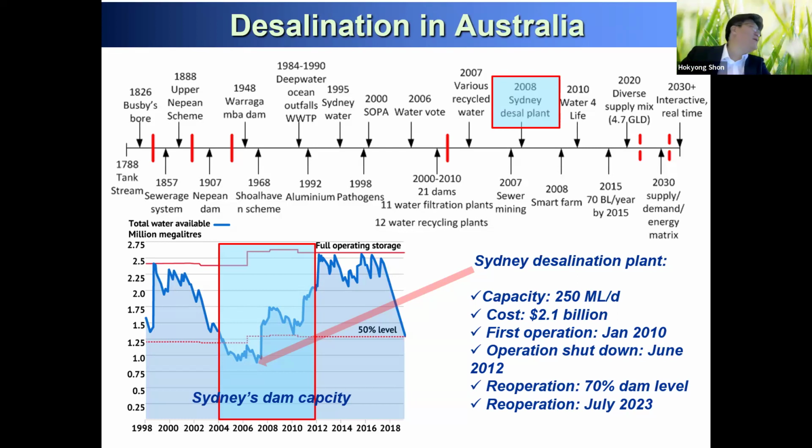And from July 2023, we have decided no more shutdown of this desalination plant. So we will fully operate because, as you know, this pandemic changed a lot of people's lifestyle.